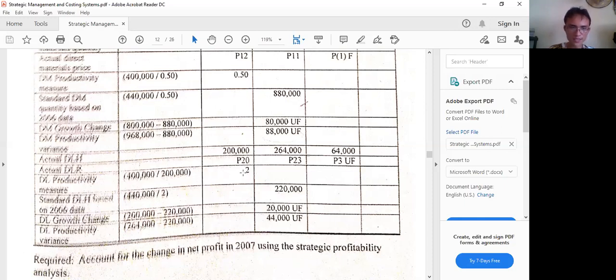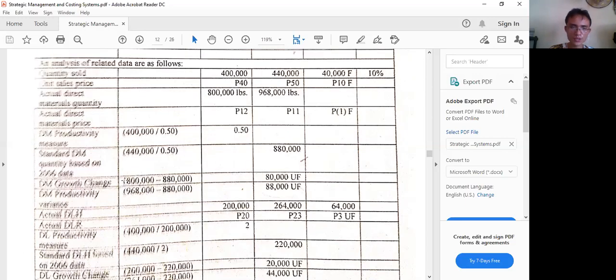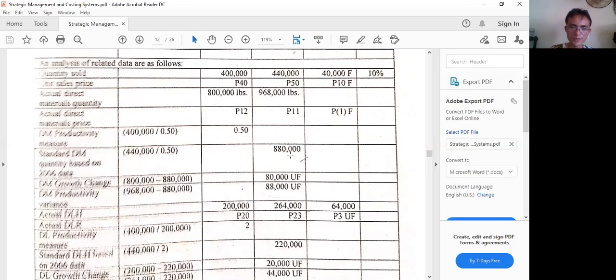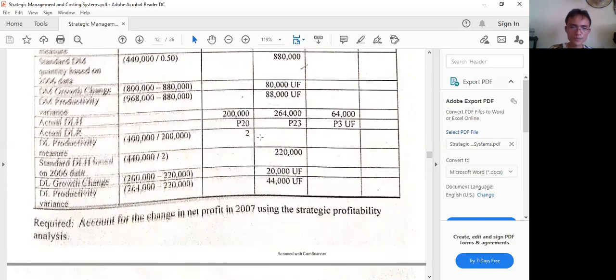Standard is what is set. Then for direct labor hours actual, you have here 200,000 hours. Yeah, these are hours. These are units here, not pesos. So you also have the rates given.